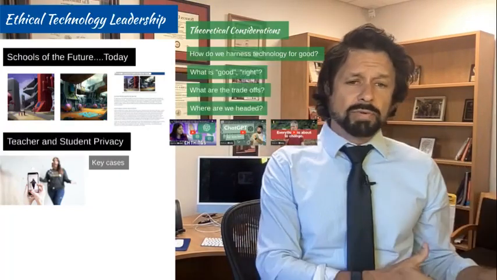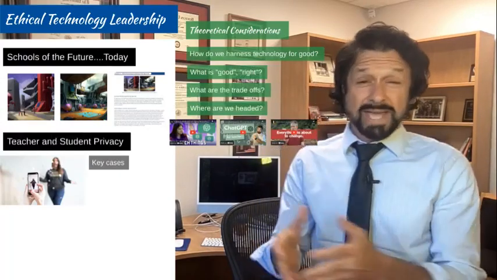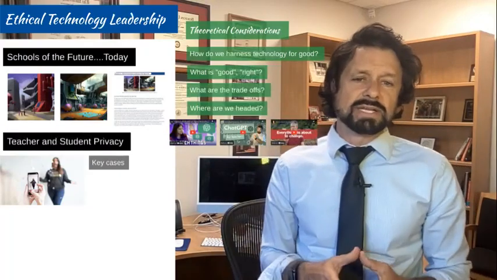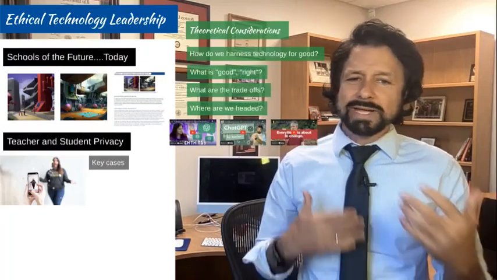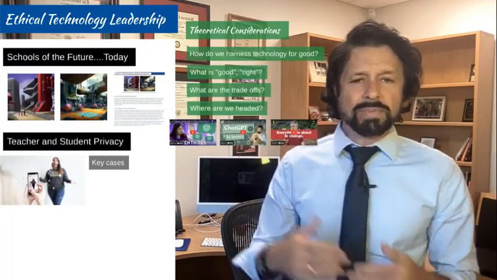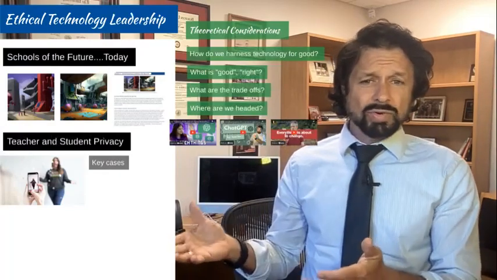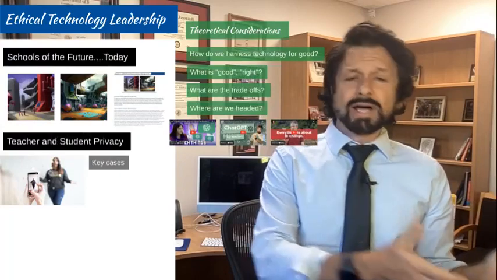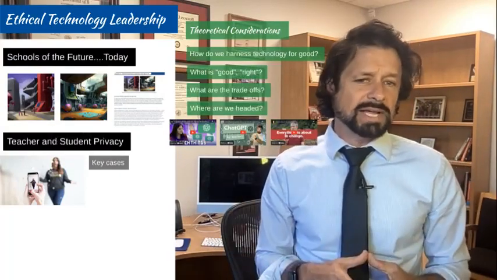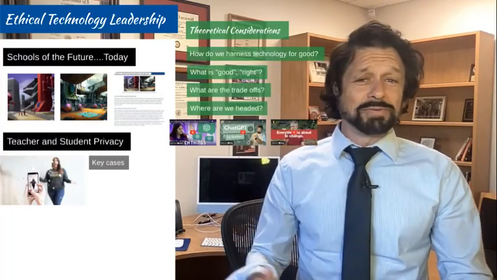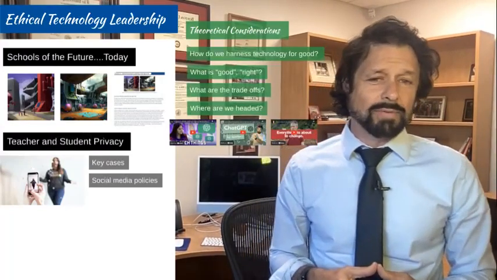As an administrator, we would have to take action sometimes because of what happened off campus, but if it manifested on campus, we would have a case that was, again, gray, but it's all part of ethical leadership, and you're working with parents and you're saying, hey, listen, do you want us to just let this go, or what do you expect us to do if this happened all online, but it came here? Those are all the kinds of cases and questions that you should be asking yourself. You're already dealing with this, I'm sure, if you're in a school. So take a look at some of the resources that we have around that.